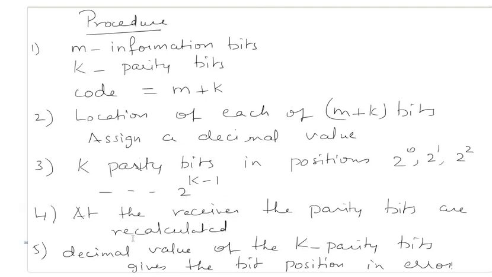After doing this, the parity bits are recalculated at the receiver. Then the decimal value of the k parity bits gives the bit position which has an error.